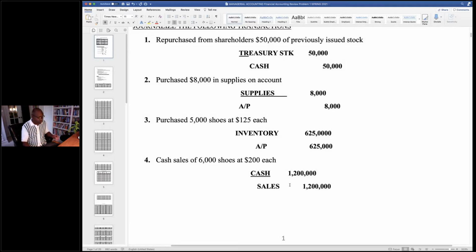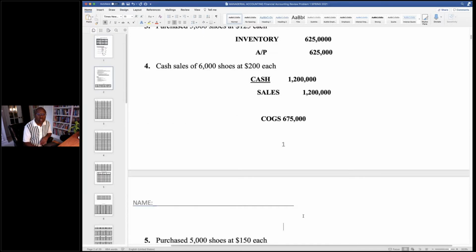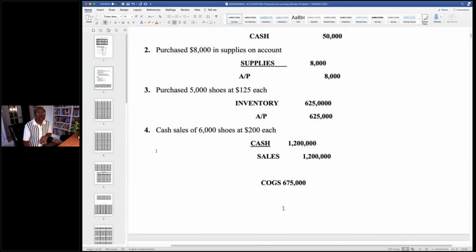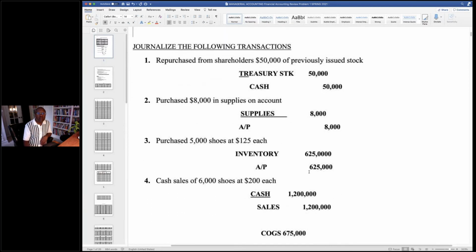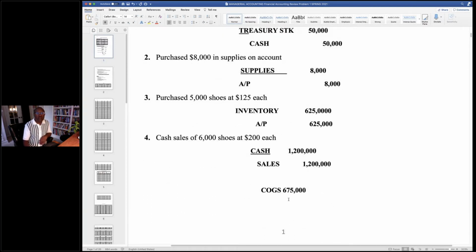The second journal entry, what are we going to debit? We're going to debit cost of goods sold. And what are we going to credit? Inventory. We're going to credit inventory.